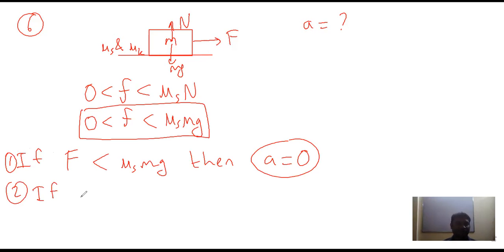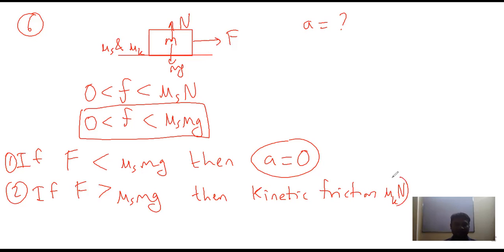Second case, let us say F is greater than mu s mg. In that case, what will happen? There will be relative motion, so we will have kinetic friction. This value is constant, which is mu k into N. So acceleration in that case will be net force upon mass of block.